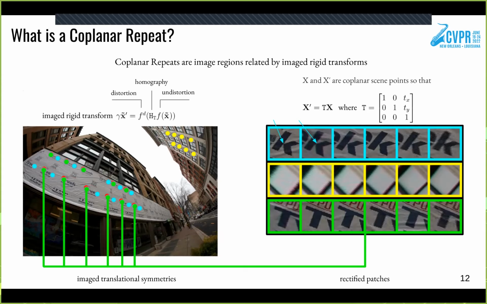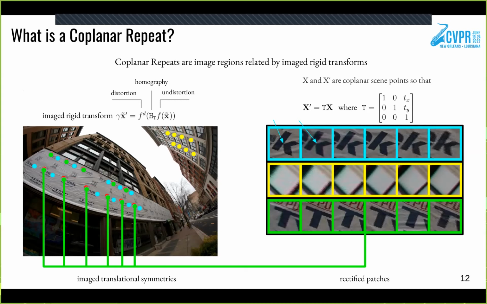And in general, we want regions that are corresponded this way. What I show on the right are rectified patches. In fact, these are rectified by the algorithms presented in this presentation.